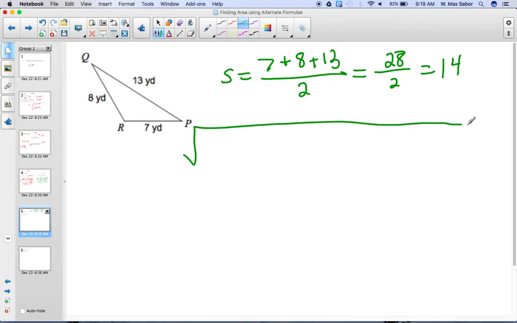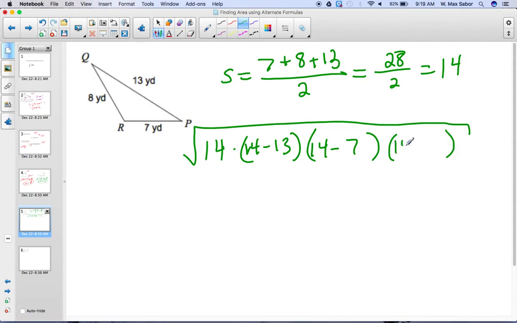So the formula says we take S times S minus A, 14 minus 13, times 14 minus B, any other side, and 14 minus 8. It doesn't matter what order I put these in, as long as the 14s are all before the side lengths.